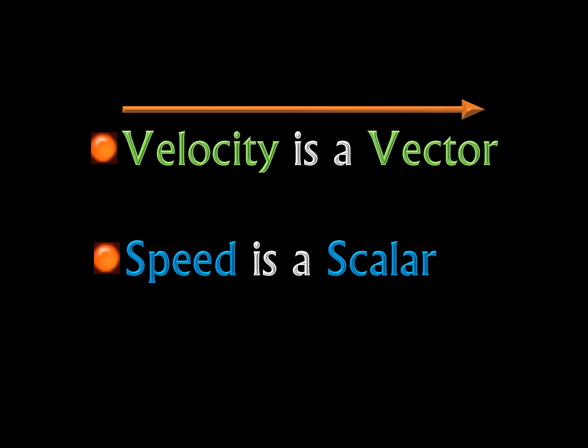So for example, you could be going 80 kilometers per hour. What is that? 80 kilometers per hour. That is a speed. You could be going 80 kilometers per hour south by southeast, and that is a vector. So the vector not only tells you the speed you're going, but it also tells you the direction, which makes it a velocity.